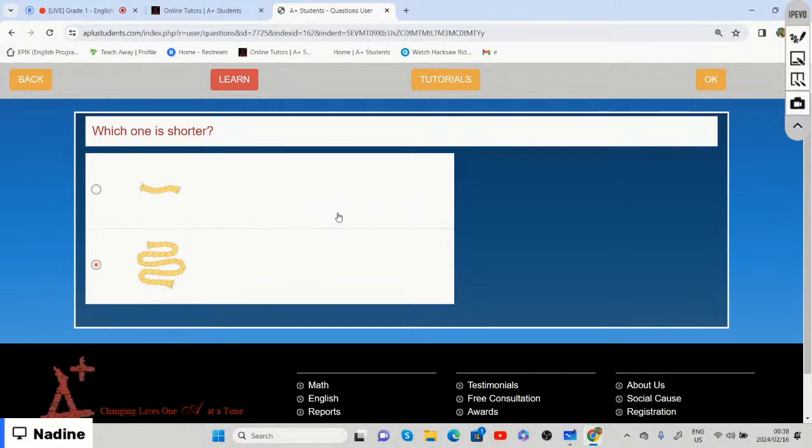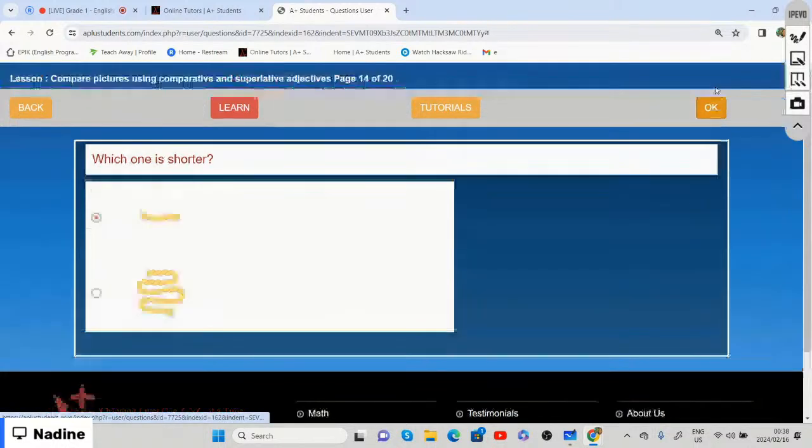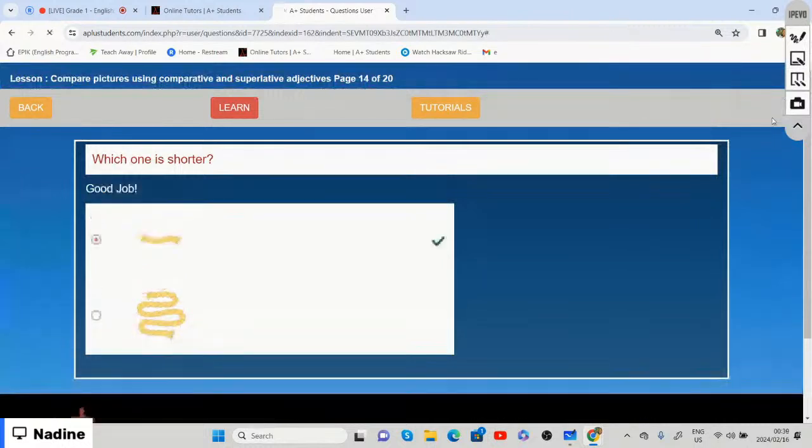So the first one is correct, because that one is shorter than the other one.